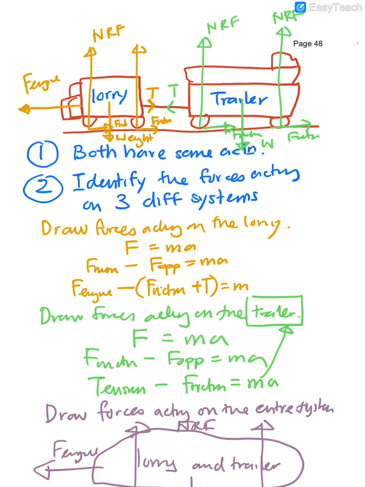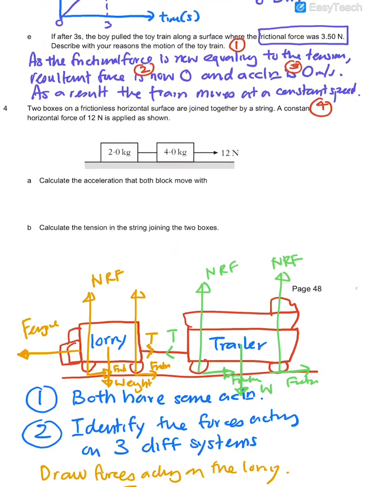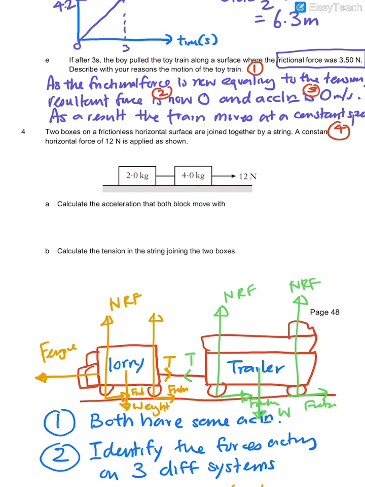Maybe you say, I draw the forces acting on the trailer, that will help me find the acceleration fastest. Then you do that. It depends on what they give you.